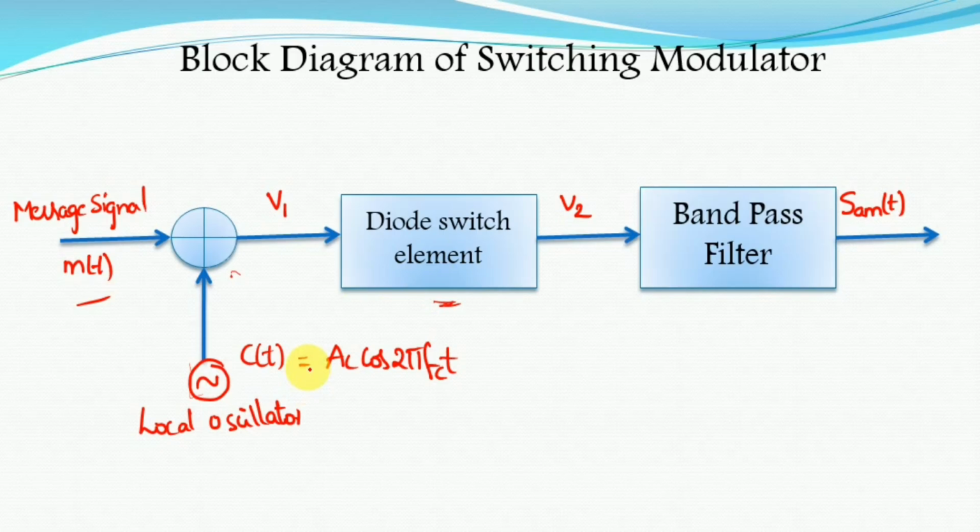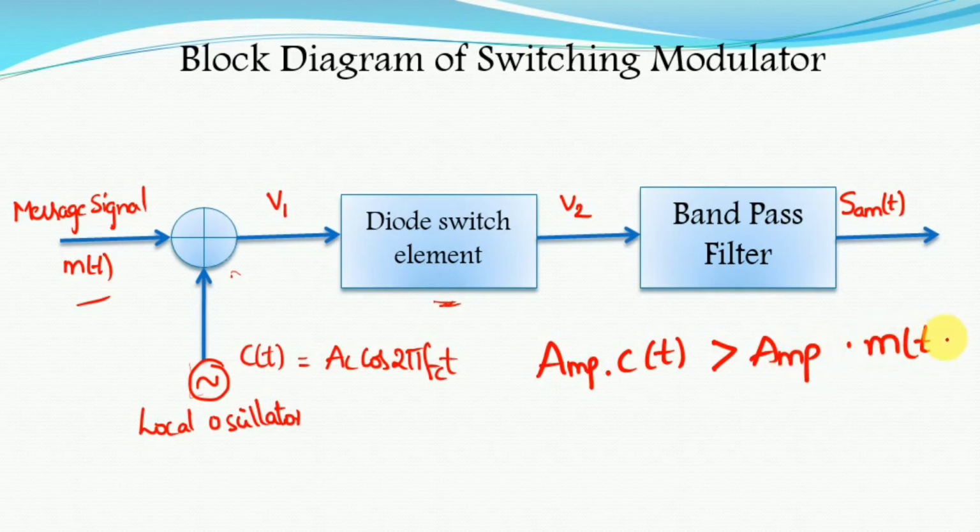Here we have to make assumptions: the amplitude of the carrier should be greater than the amplitude of the message signal, and the diode operation can be controlled only with the help of the carrier signal.